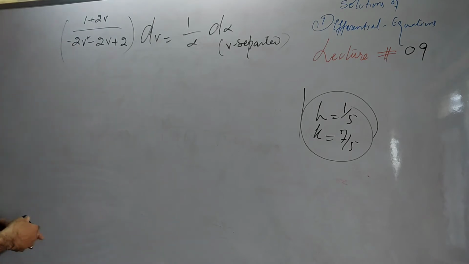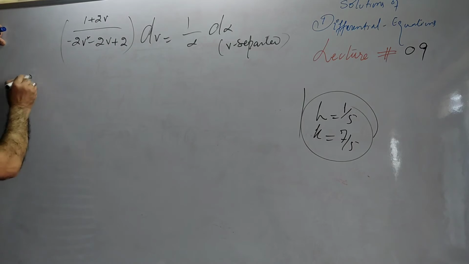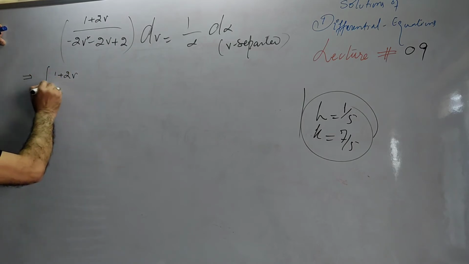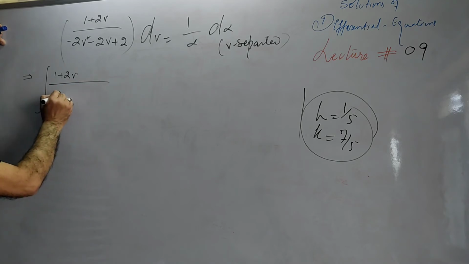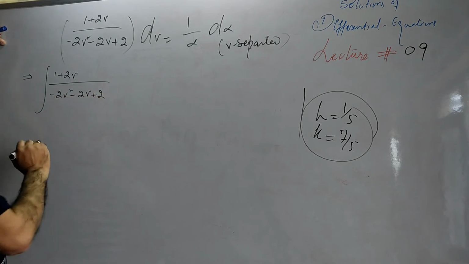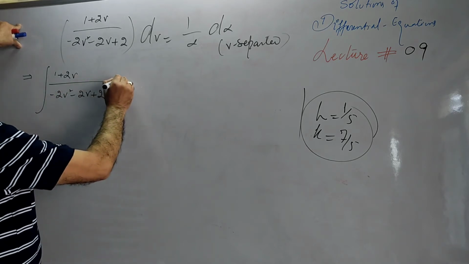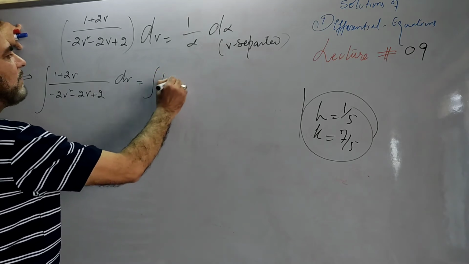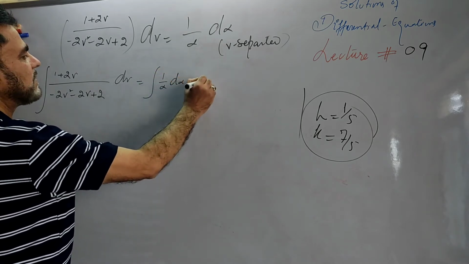When variables are separated, you will integrate this. It is the integral of 1 plus 2V by minus 2V square minus 2V plus 2 dV is equal to the integral of 1 by alpha d alpha plus c.